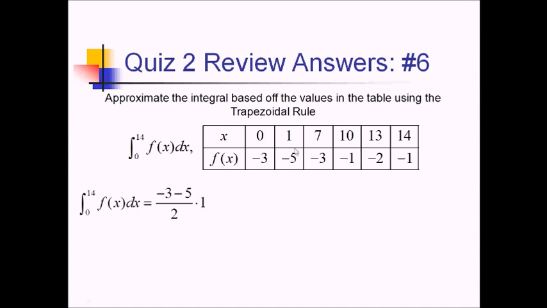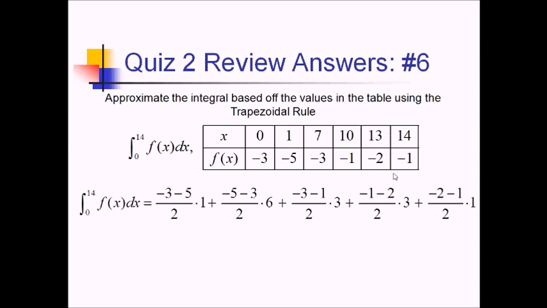Next, I've got negative 5 plus negative 3 over 2 times a height of 6 now. And then negative 3 plus negative 1 over 2 times a height of, let's see, 7 to 10, that's 3. Next, negative 1 plus negative 2 over 2 times a height of 3. And then finally, negative 2 plus negative 1 over 2 times a height of 1.